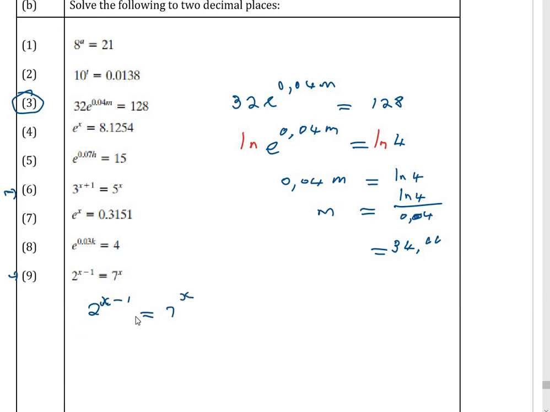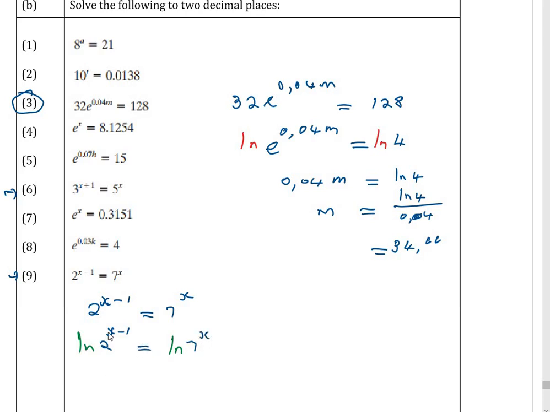How do I do it? Well, either put a log in front of both or ln, but I'm going to use the ln. So we put ln in front of both. So ln and ln. Right, and then this is 2 to the x minus 1. And this is 7 to the x.